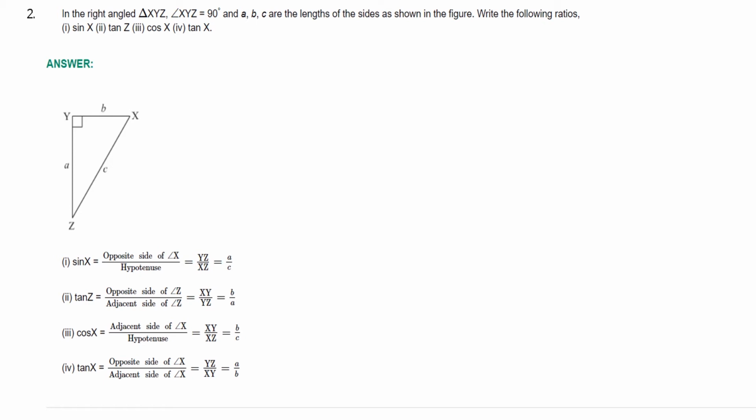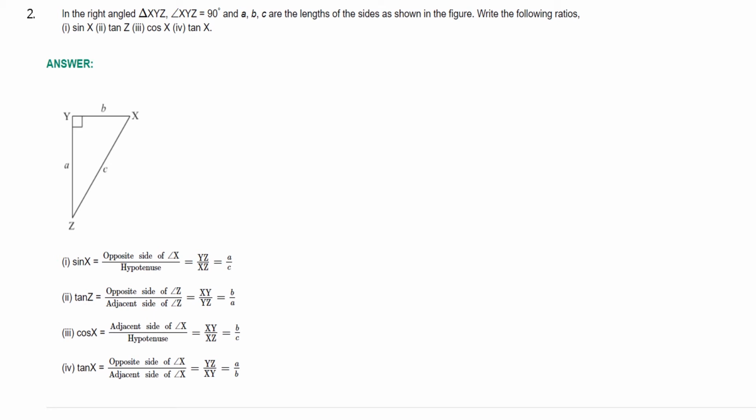Hypotenuse will be the same for all the angles, XZ. YZ is having length a and XZ is having length c. So sin X is equal to a upon c.